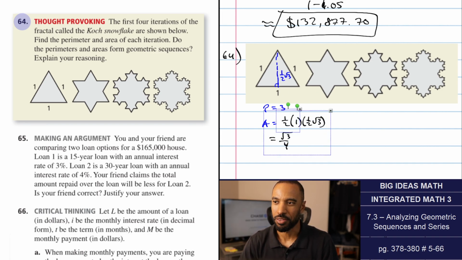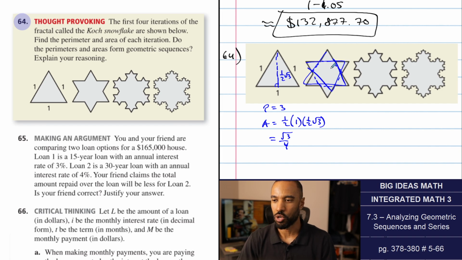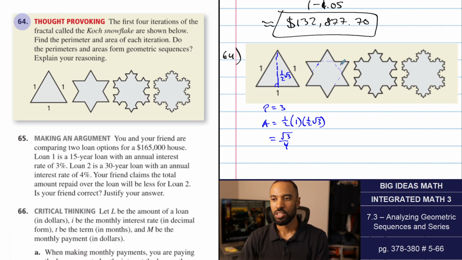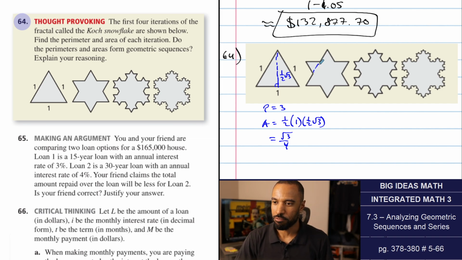I have to think about how all the other areas will work. Here's the thing. These are divided into smaller triangles, so I just need to figure out the size of these triangles in comparison to the originals. I think I'm going to feel better about it when I get there. Now, the thing we can recognize is this triangle is still here. So this triangle that shows up is just an upside-down version of it. So I guess the area isn't necessarily doubled, but we can find out how these things are cut off.